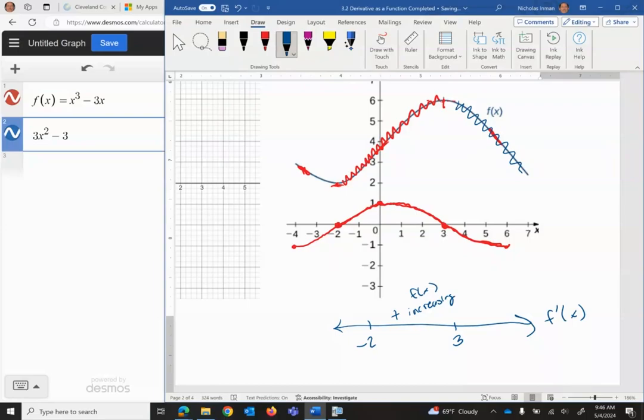From 3 to infinity, or at least as far as we know, the derivative is negative, therefore f of x is decreasing. So our derivative after negative 2 is negative, so f of x is decreasing. Our sign chart is these pieces in those intervals, and what it tells us is what our function, f of x, is doing.